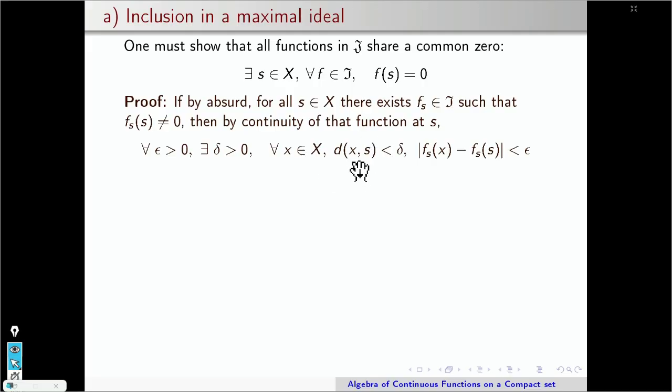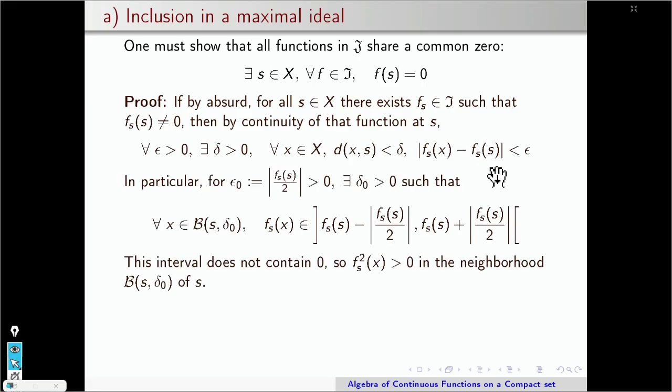so here a ball of radius delta, such that the values at x and at s are close. If I take epsilon precisely smaller than the absolute value of f_s(s), for example half, there exists this neighborhood such that f_s(x) does not vanish.